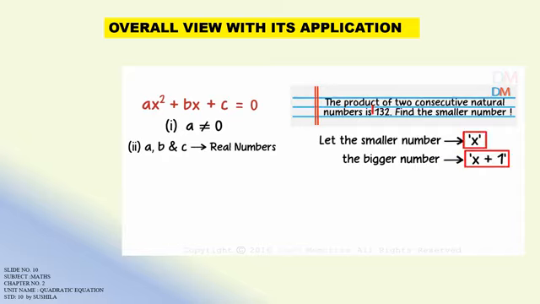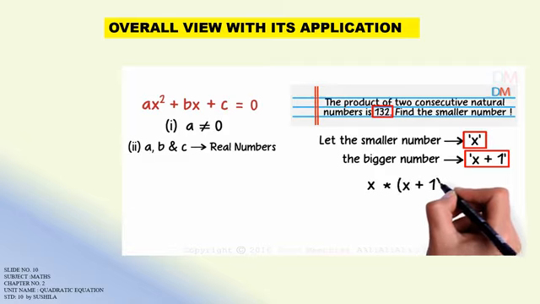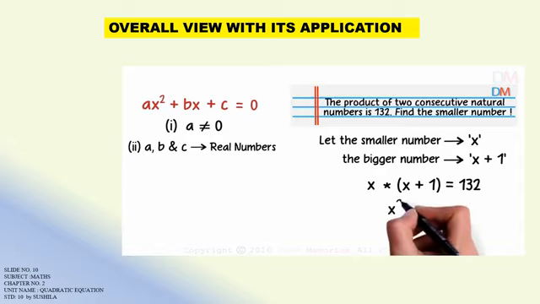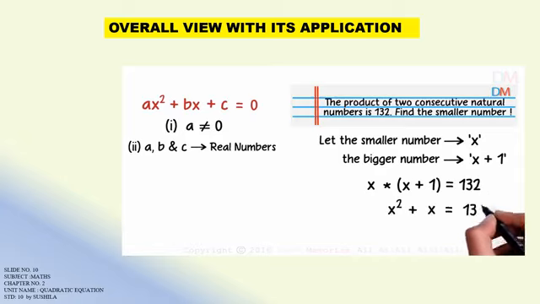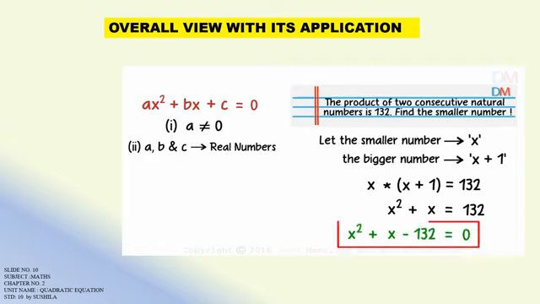Their product is 132. So x times x plus 1 will equal 132. Using the distributive property on the left, we get x squared plus x equals 132. Transposing 132 to the left, we get x squared plus x minus 132 equals 0. And solving this will give us the value of x, which is the smaller number.